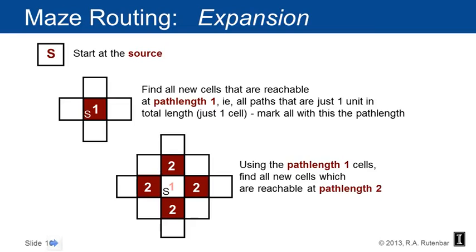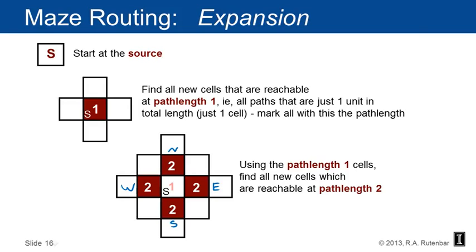Well, but then there's a more interesting question. What are all the paths that are 2 cells long that start at the source? And the answer is, those are all of the cells that are adjacent in the north, south, east, or west direction, right? So there's the cell that's adjacent on the north, there's the cell that's adjacent on the south, there's the cell that's adjacent on the east, there's the cell that's adjacent on the west.